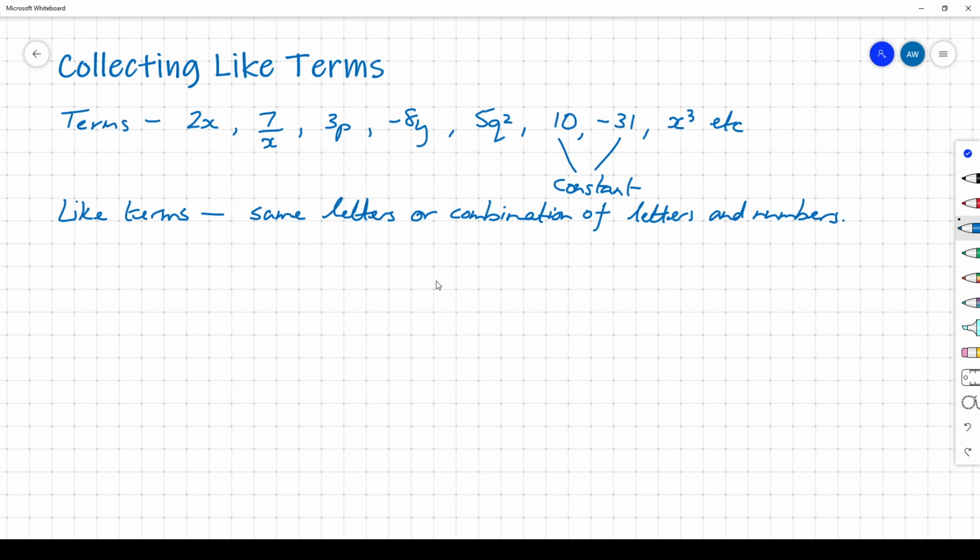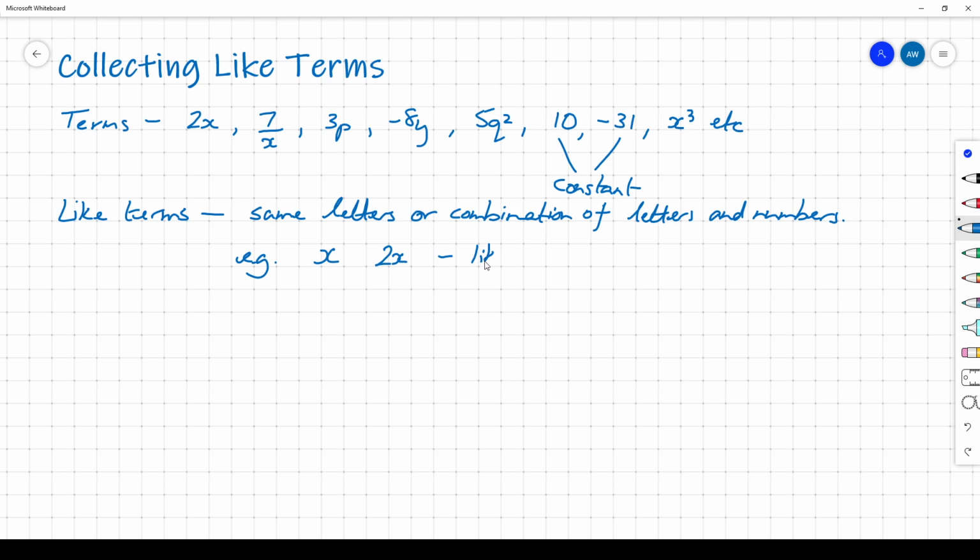For example, x's can be collected with other x's. So 2x and the x, they can be collected together because they have the same letter. So it's a letter or combination of letters and numbers. So just because there's a 2 there and there's an invisible 1 there, doesn't matter. We can collect those together because they both have x. So those are like terms.